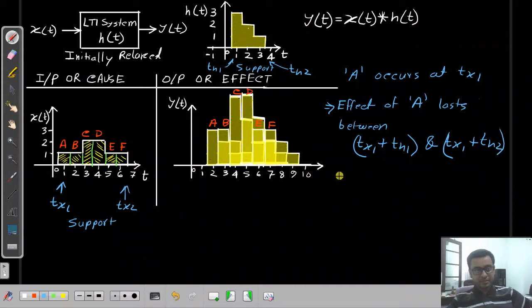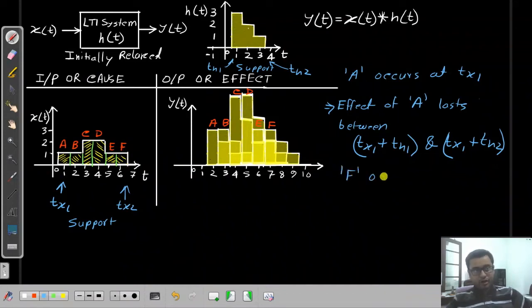Similarly, let us consider the extreme end of this signal f.